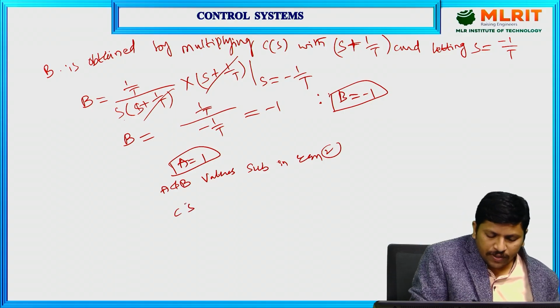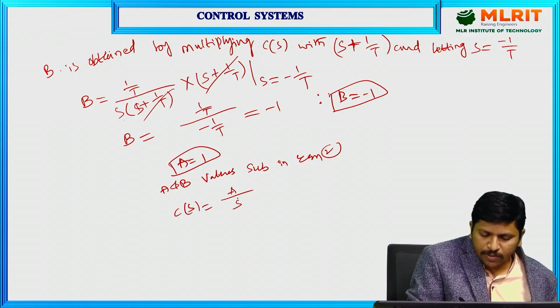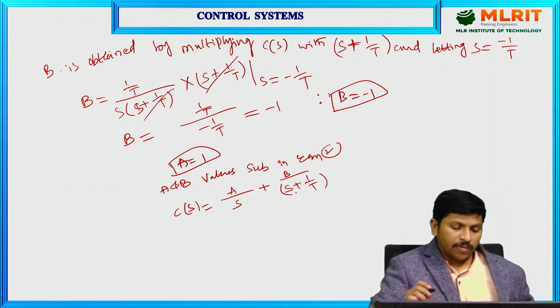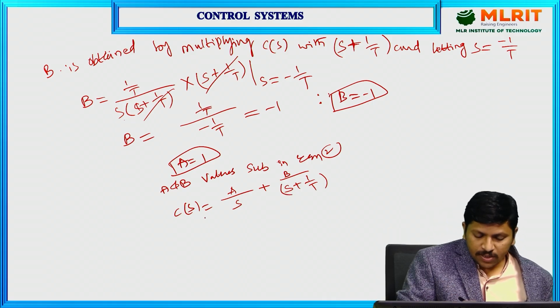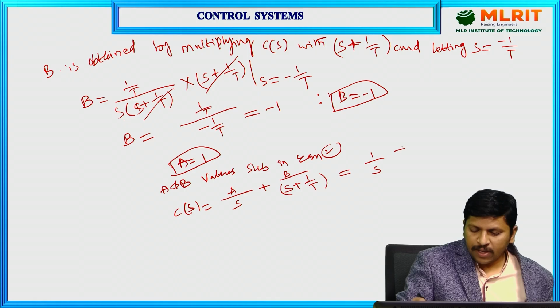C of s equals A divided by s plus B divided by s plus 1 by t. So with A equals 1 and B equals minus 1, C of s equals 1 by s minus 1 divided by s plus 1 by t.